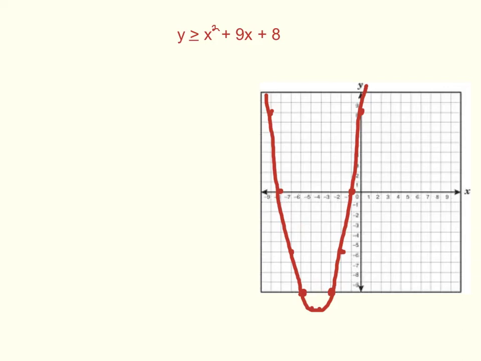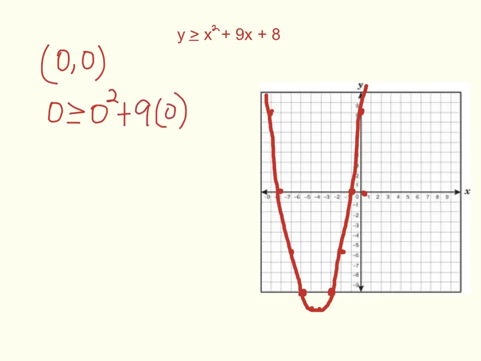Now I will show you using the 0, 0 as a test point. Okay? So 0, 0, I'm going to also show 0, 0 on the graph. So that means I will substitute 0 for x and 0 for y. So I have 0 is greater than or equal to 0 squared plus 9 times 0 plus 8. Well, we know 0 squared is 0. 9 times 0 is 0.